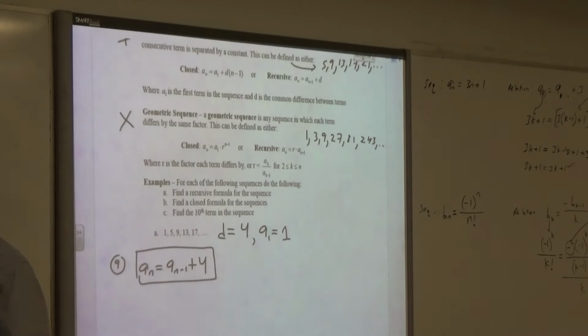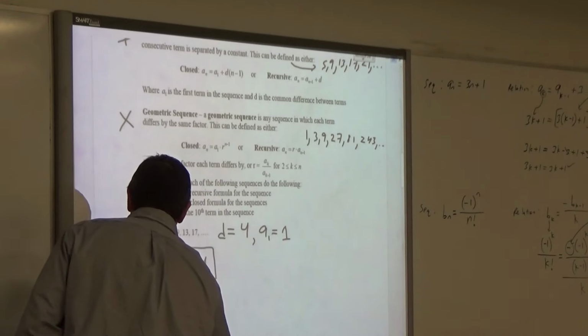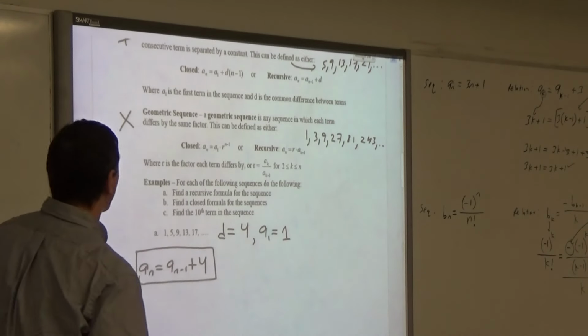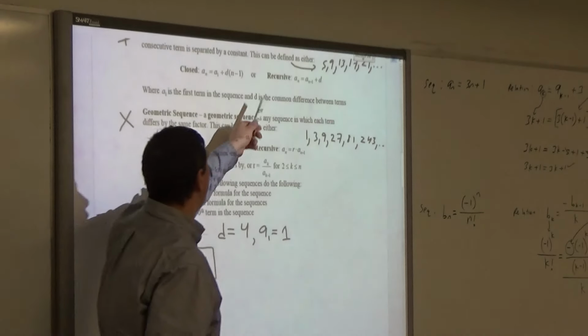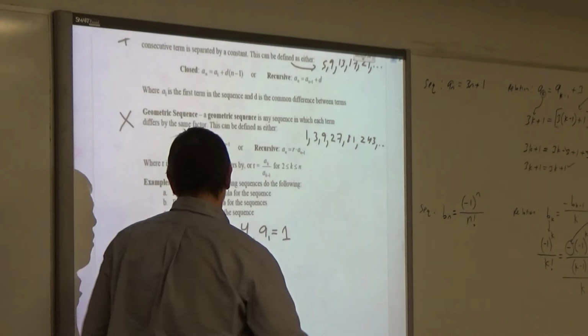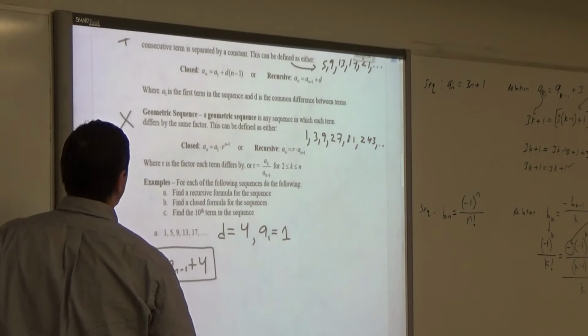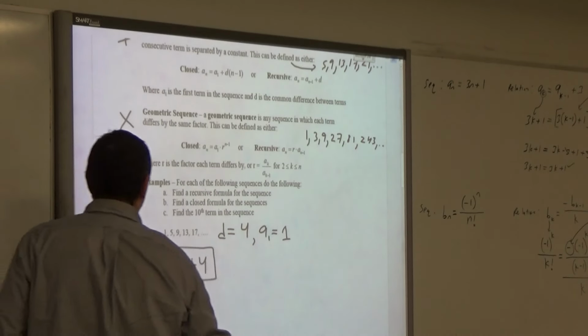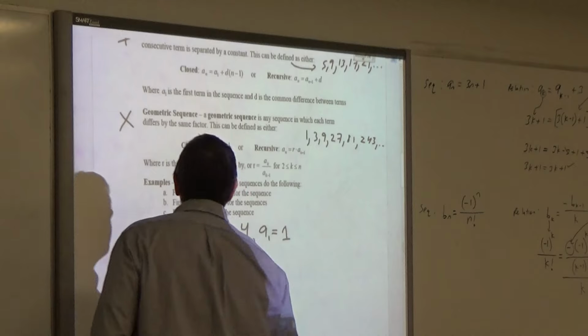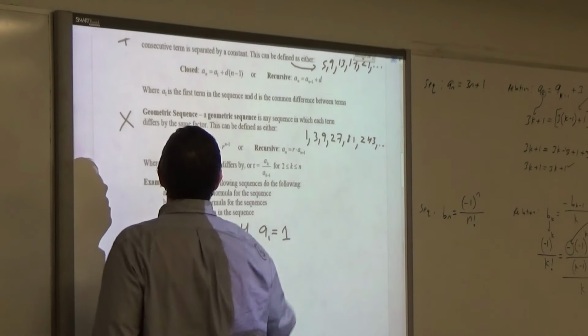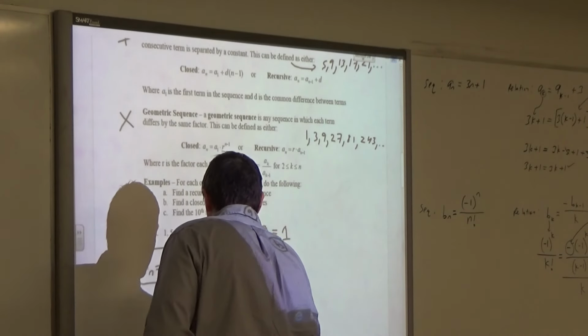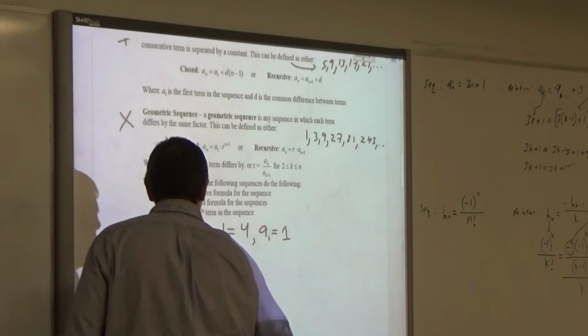All right, for letter B, we're going to get the closed form. We'll just plug it right in here. So a sub n is going to be equal to a sub 1, which we know to be 1, plus the common difference, which we said was 4, times n minus 1.